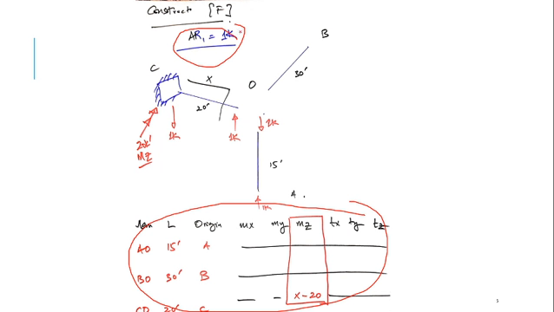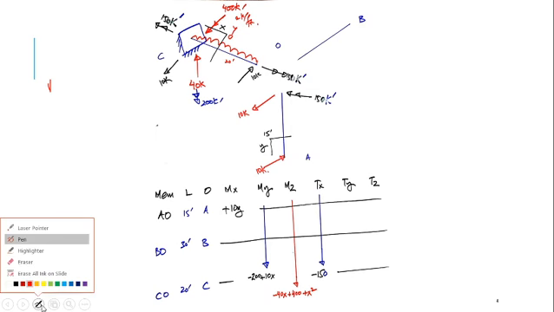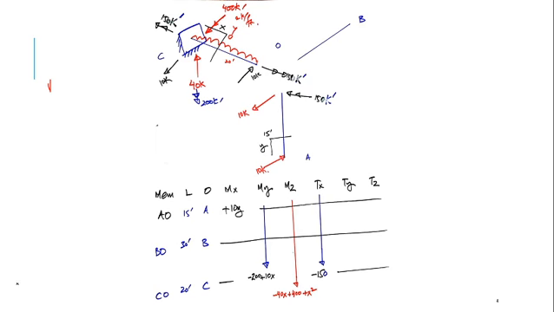Before applying the redundant actions one by one, you should calculate the response of the structure under the applied load, because you can recall from the 2D beam: first of all, you made the basic determinate structure, then you develop the DRL matrix, then the flexibility matrix. So before applying the unit redundant actions one by one, I can calculate the response of the structure, and I can construct the moment values.